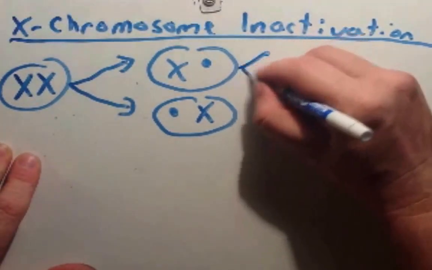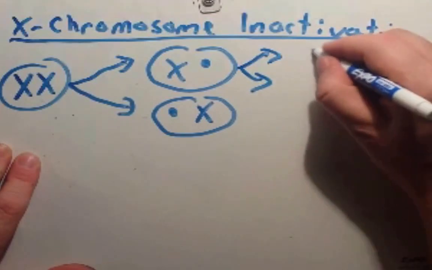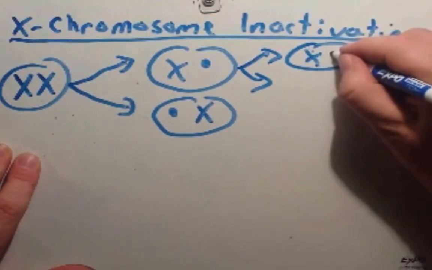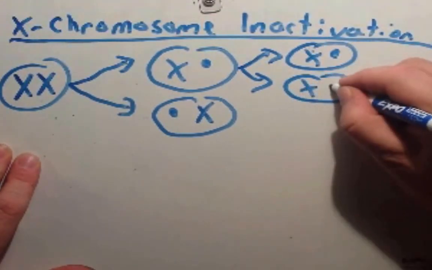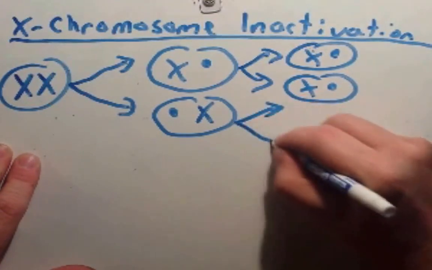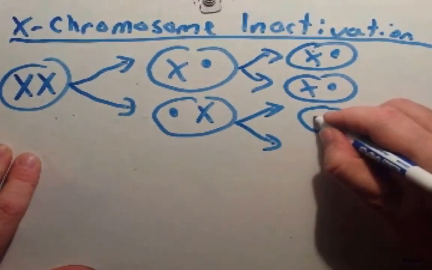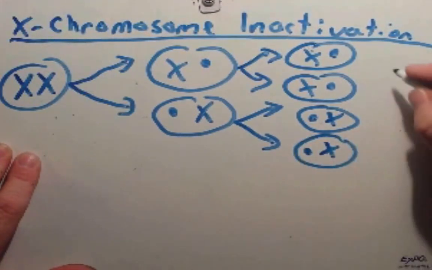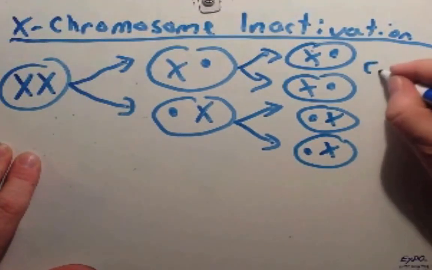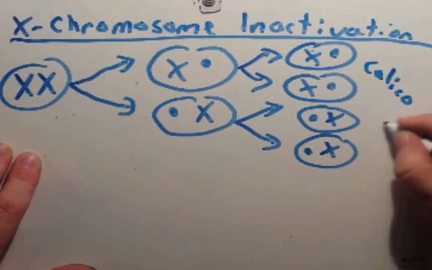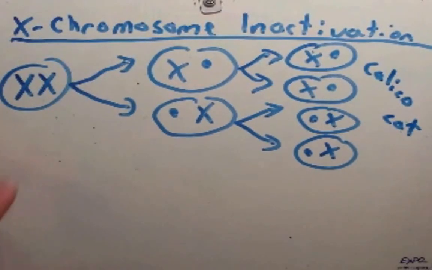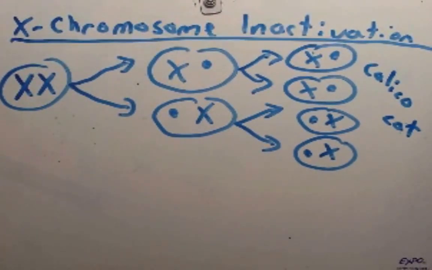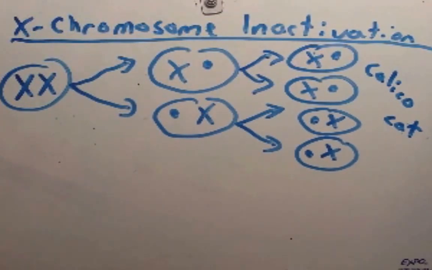And then these each will continue to grow with the same one inactivated. And that's how we get traits like the calico cat. And we talked about that sweat gland disease. So go back and review some of that information.